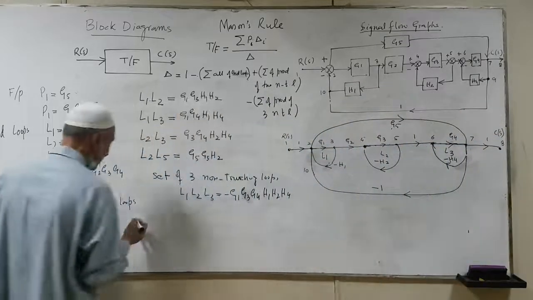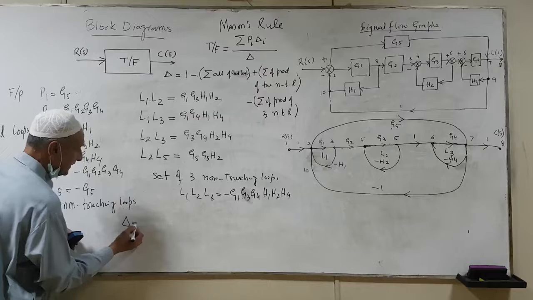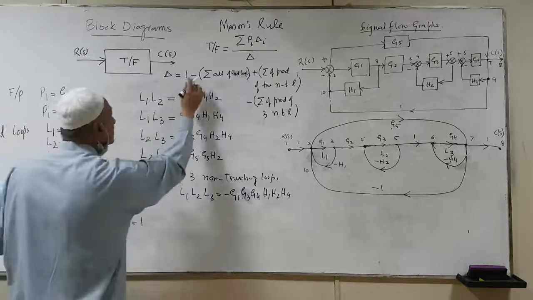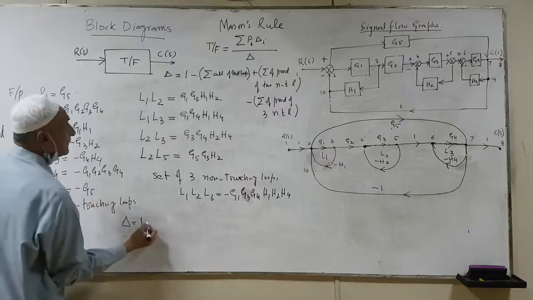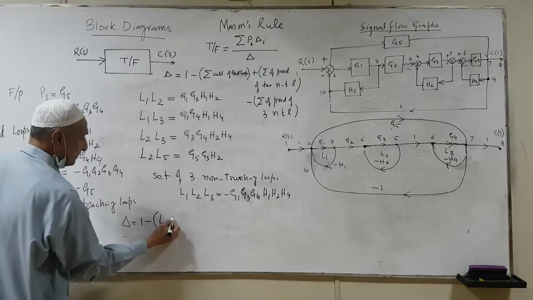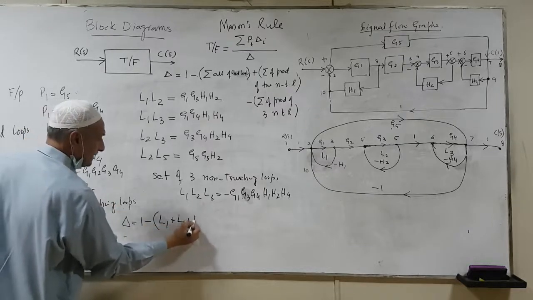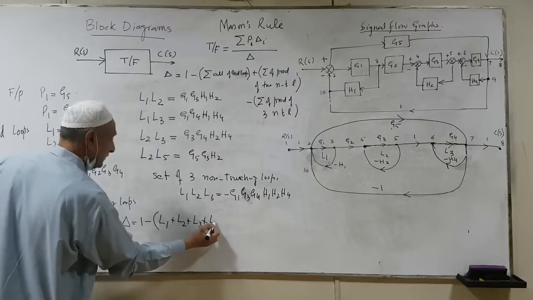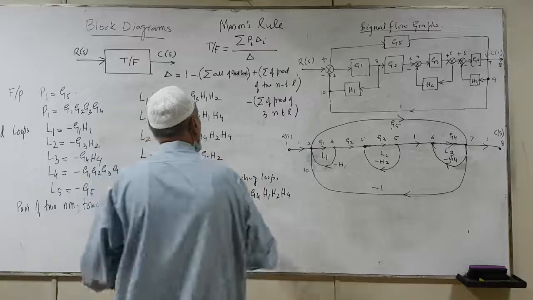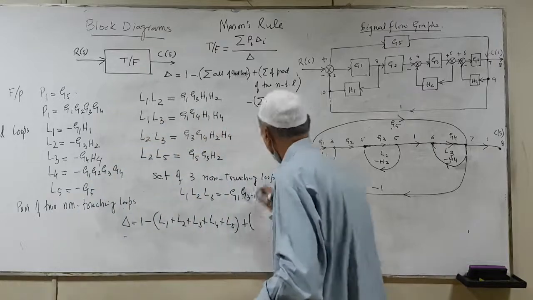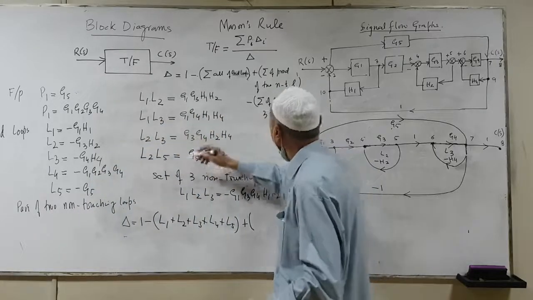Now let's have delta. So delta will be equal to, in this case, 1 minus. Each of these, L1, L2, that is what we have, is L1 plus L2 plus L3 plus L4 plus L5. Then we have a plus sign. So we have the sum of the product of two non-touching loops.